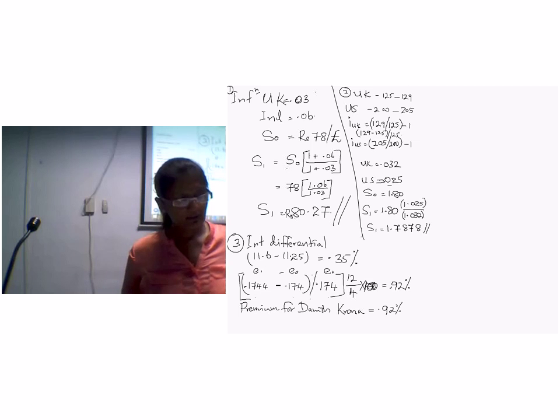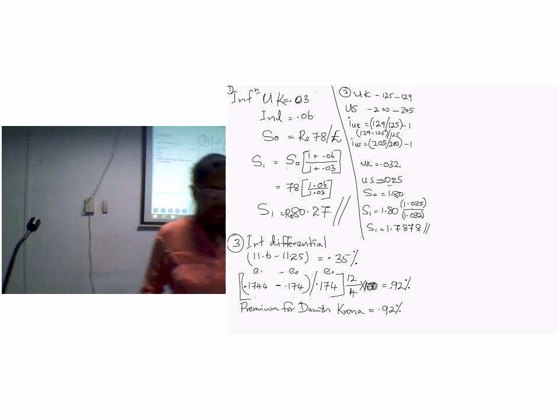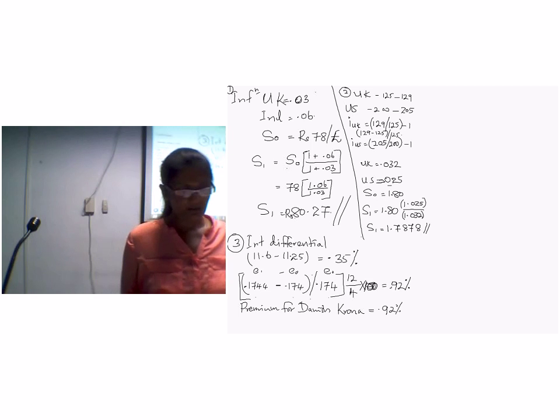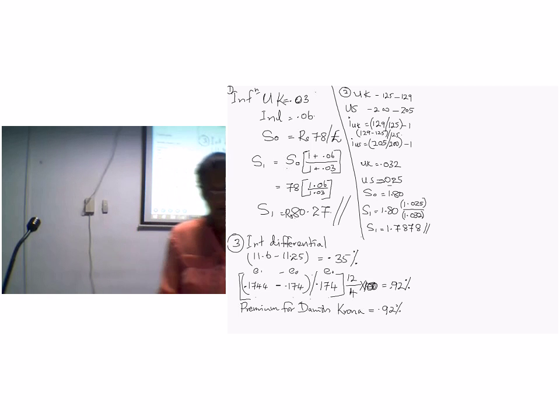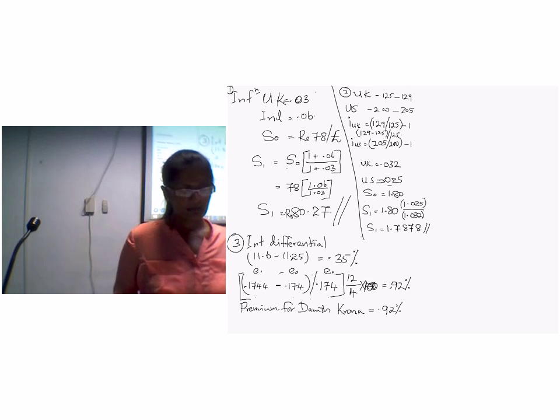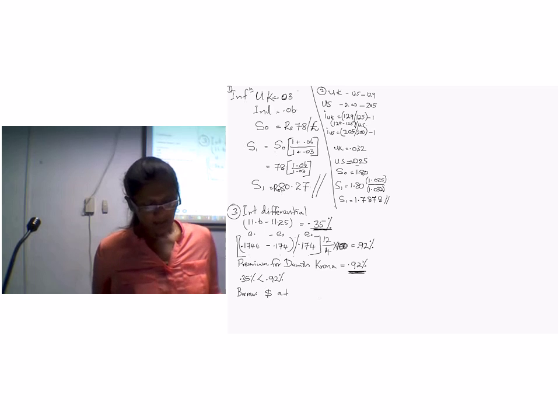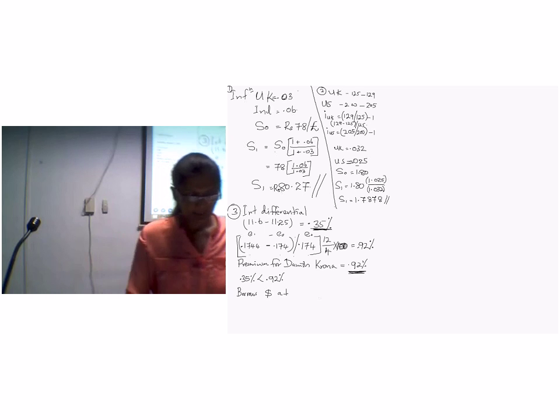In covered interest arbitrage, the interest rate differential does not equal the forward differential, right? So in order to make money from arbitrage, we have to take the interest rate differential.